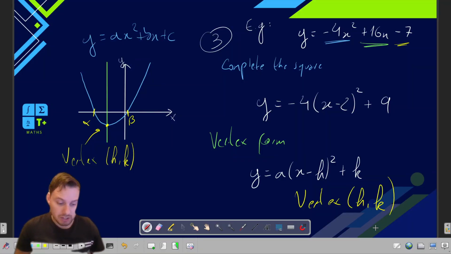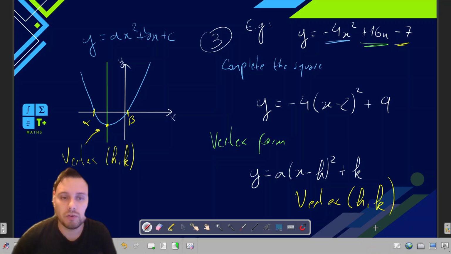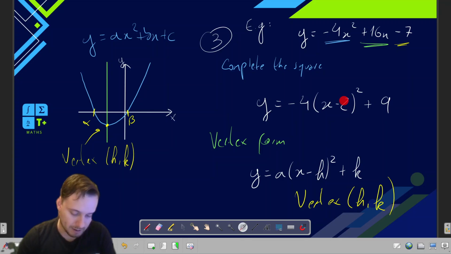So in general, you will find this is a very typical exercise: if you're given a quadratic formula, you have to first complete the square and then find the vertex. Well, it's this same process. You first turn it into the form hk, and then you take the value for h that is here, in this case 2, and then the value for k that is here, in this case 9.